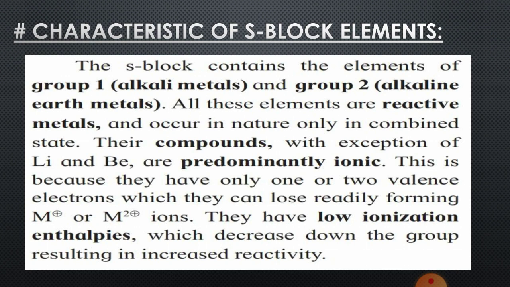If they lose one electron, they get converted into M+. And if they lose two electrons, they get converted into M2+. So they have been converted into cations. Cations are the ones which give up electrons and get converted into positively charged ions. So when these elements lose one electron, they get converted into M+, and when they lose two electrons, they get converted into M2+ cations.